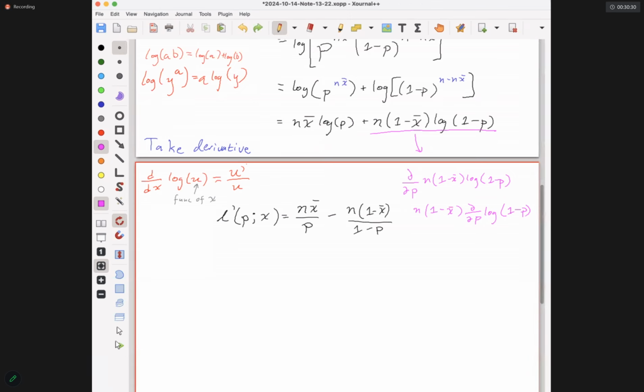And that's where the u prime over u comes from. So this is going to be equal to n times 1 minus x bar times -1 times 1 over 1 minus p. And that's what we have here in black. Does that make sense?